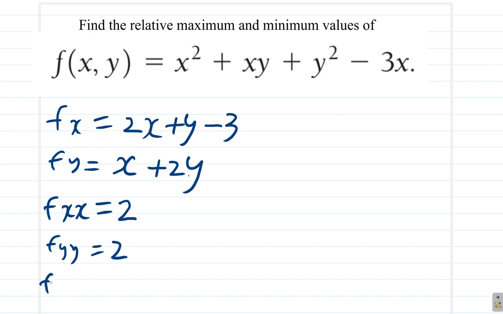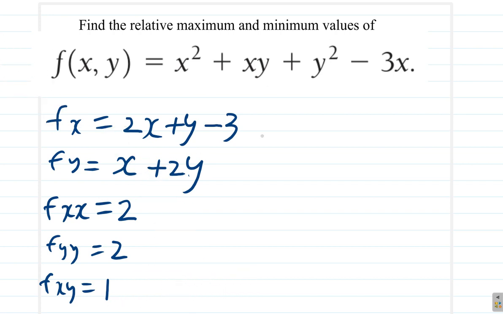What about fxy? We differentiate fx with respect to y, that is this with respect to y, we're going to get 1. Of course, if we find fyx by differentiating this with respect to x, we also get 1.